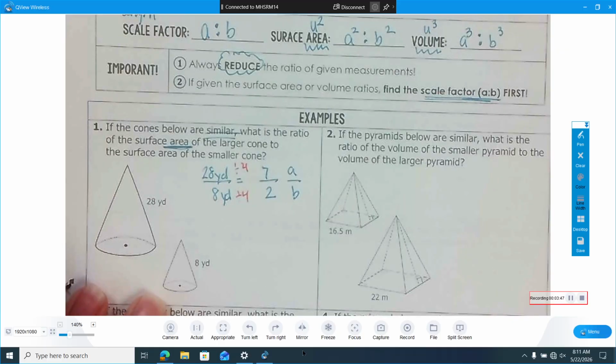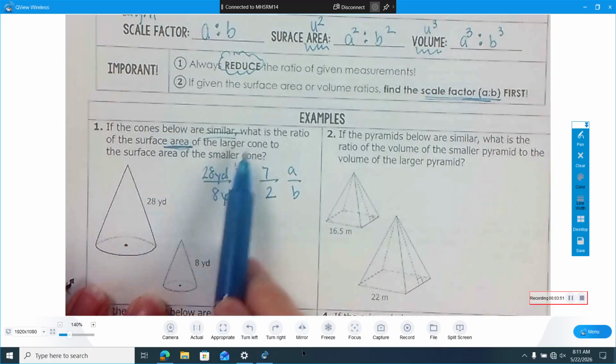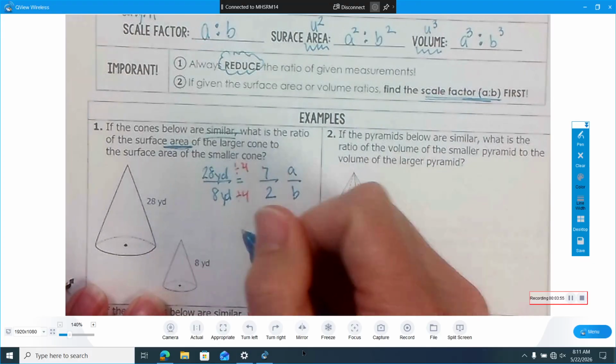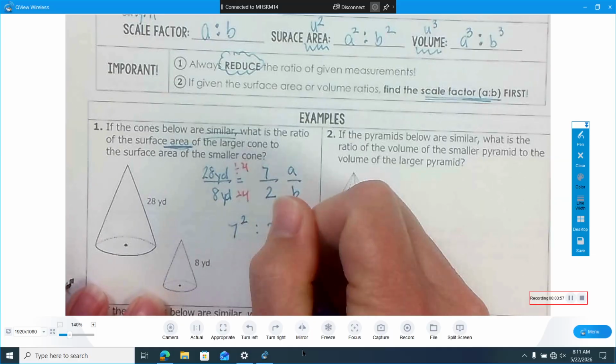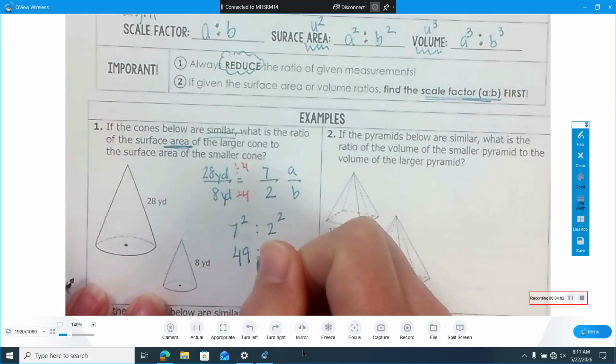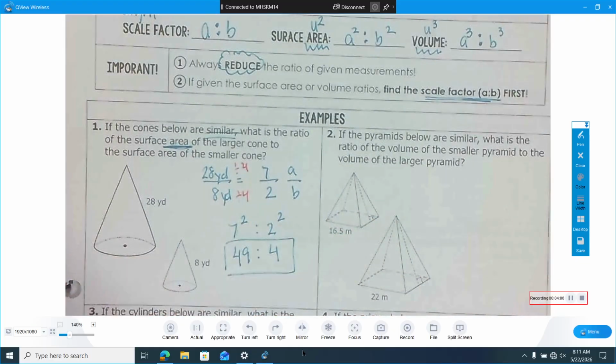And so if I want the ratio of the surface area of the larger cone to the smaller cone, what do I have to do with those? Square them. So 7 squared to 2 squared. That's the larger cone. And then the smaller cone. So 49 to 4. We have to square A and B, and that's all we have to do.